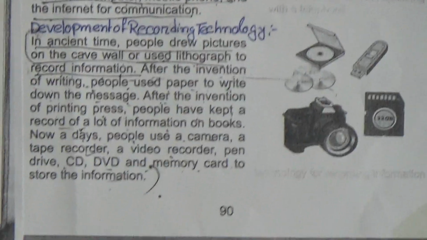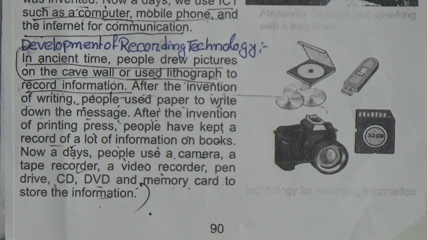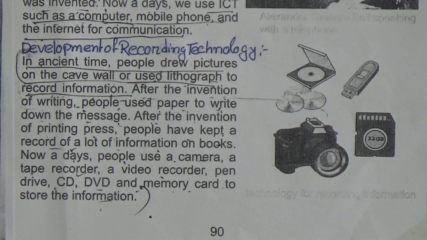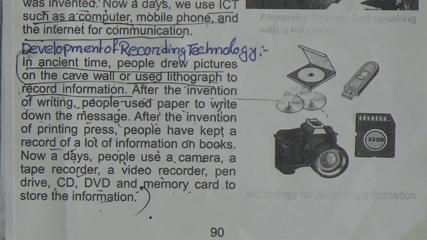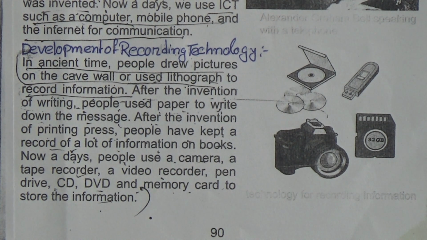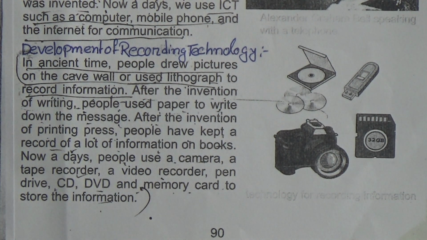In 1876, Alexander Graham Bell invented the telephone to communicate with people, and they talk to each other at a time. And after that, radio was invented, then television was invented, and now we use mobile phone, computer, or laptop for our communication with other people.